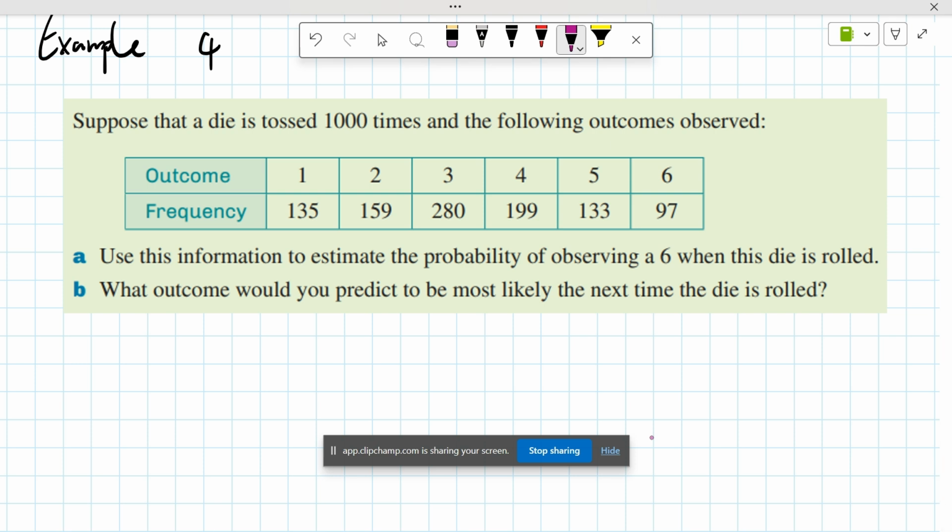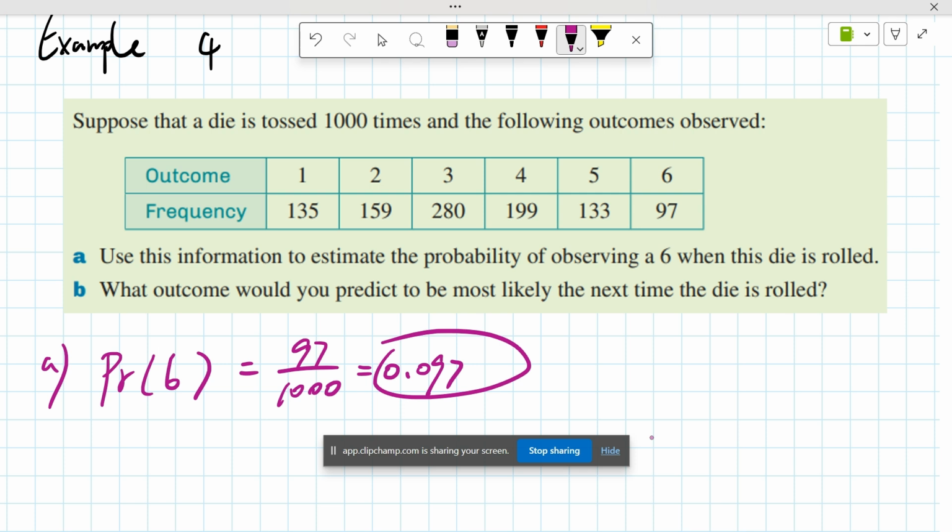First question, they're asking to use the information to estimate the probability of observing 6 when the die is rolled. So the total is 1,000. So the probability of 6 will be 97 over 1,000, which equals 0.097.